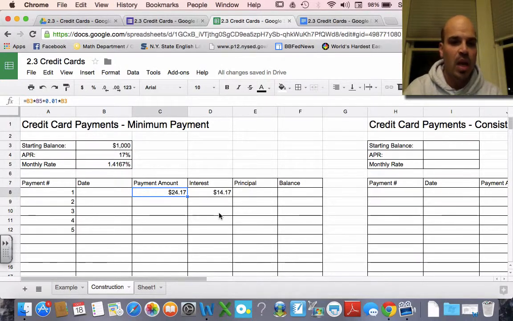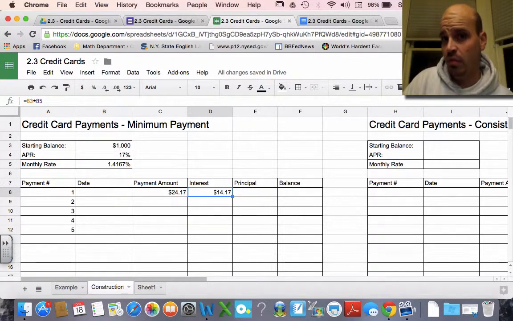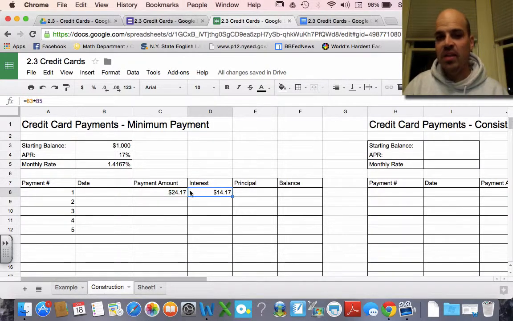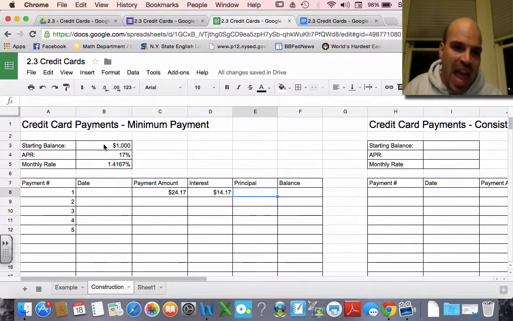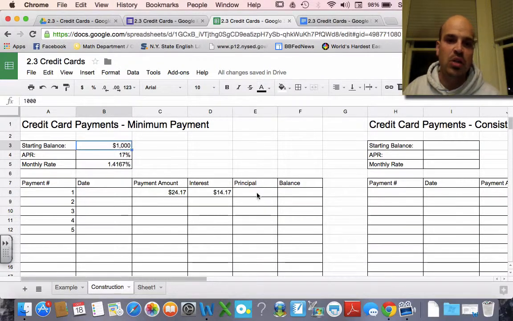$14 of that was interest. That's the money that the bank makes off of you. That means out of the $24, $14 goes to interest, and the rest of the money is going to go to pay off the $1,000 you borrowed to begin with.